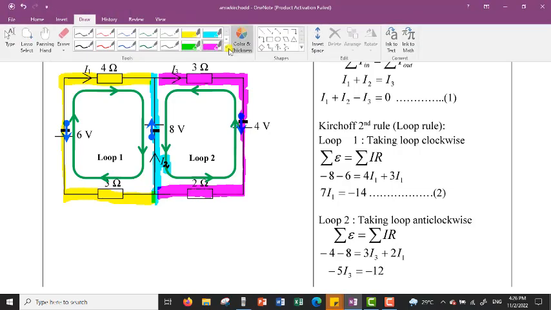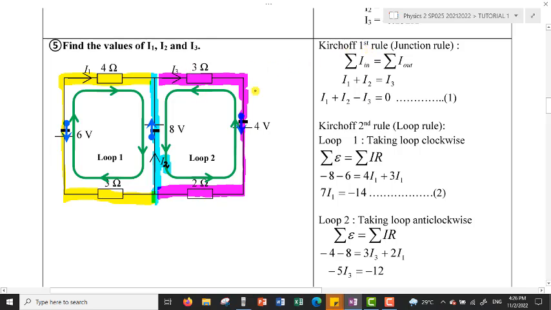Again, first we are going to apply the junction rule in order to get the first equation to solve the question.